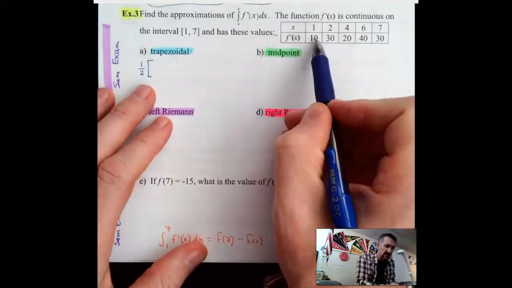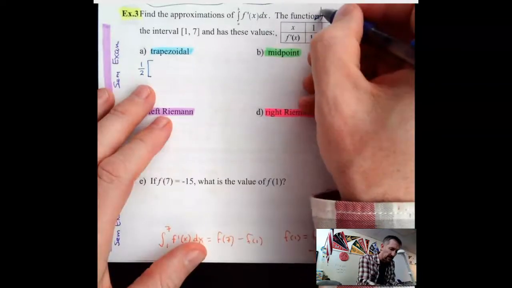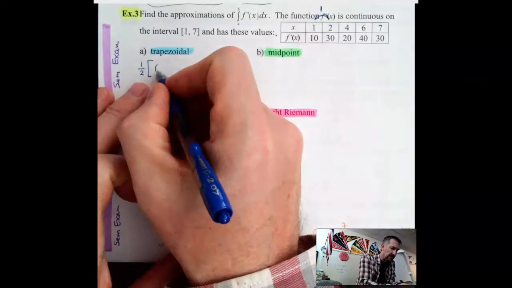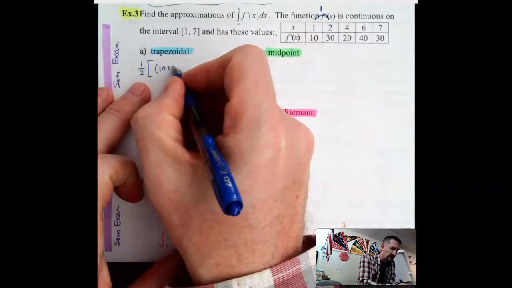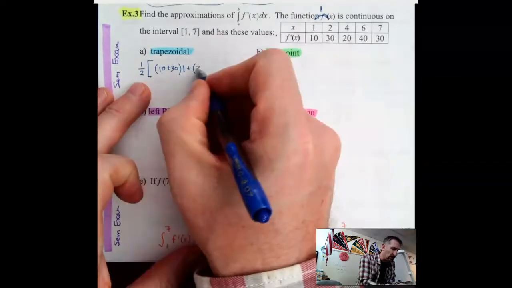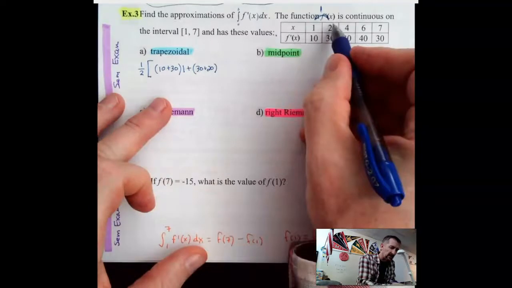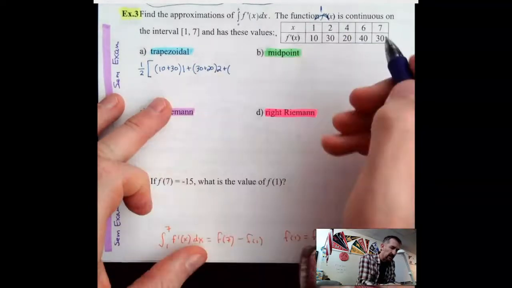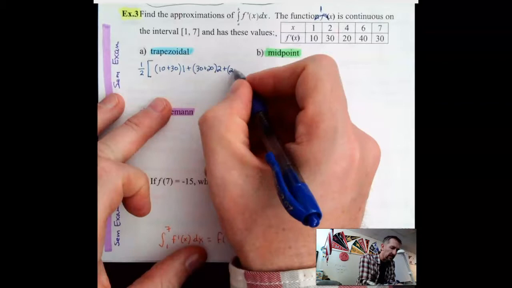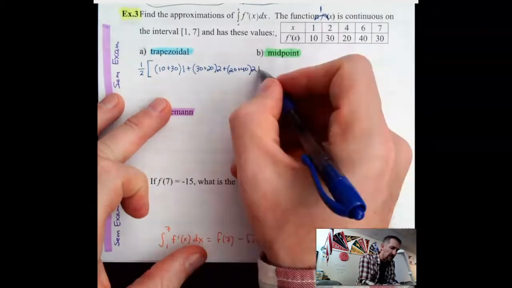So from 10 to 30, the height is 1. Okay, so 10 and 30 times 1. Then I'm going to have 30 and 20, and that one's going to be times 2. And then 20 and 40, and that one's going to be times 2 also.